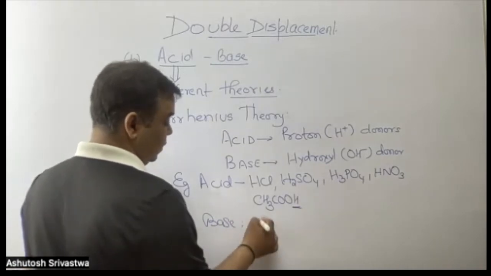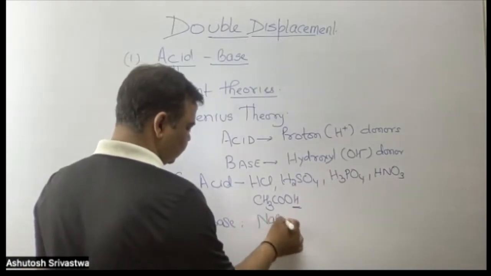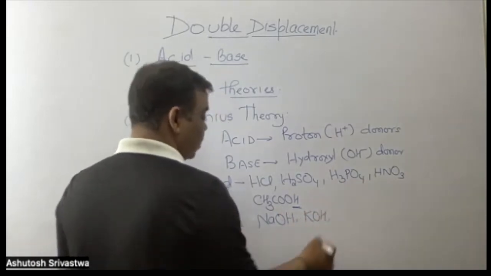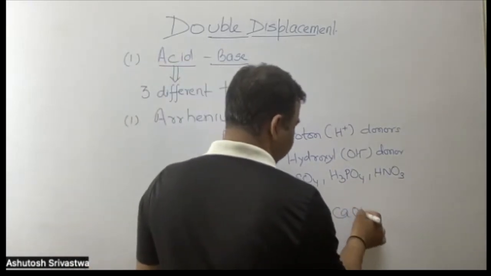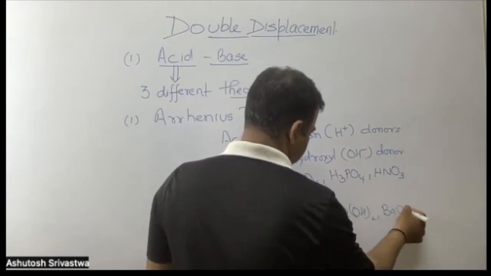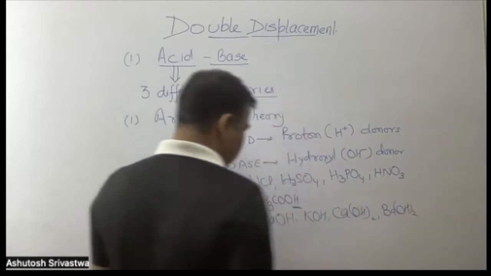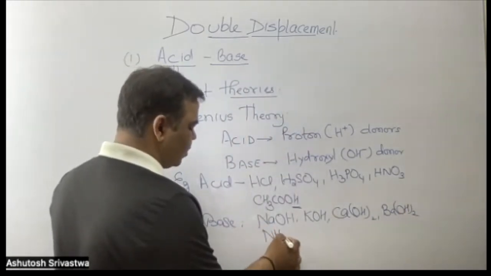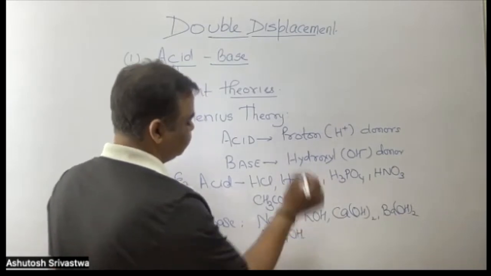It can be sodium hydroxide, potassium hydroxide, calcium hydroxide, barium hydroxide. They are comparatively stronger. And it can be ammonium hydroxide, which is relatively weaker.